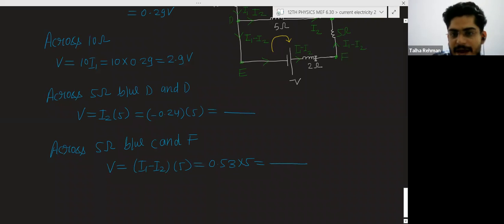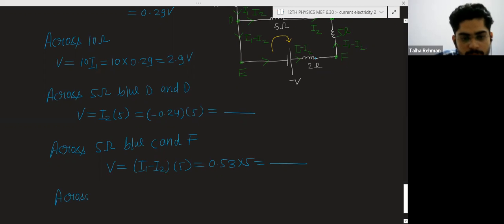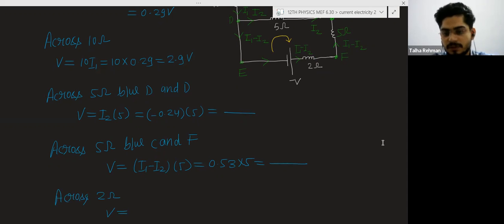Now across 2 ohm, now Nawal will tell what is the potential difference or the voltage across this 2 ohm resistance. Actually Nawal, your voice is not clear.